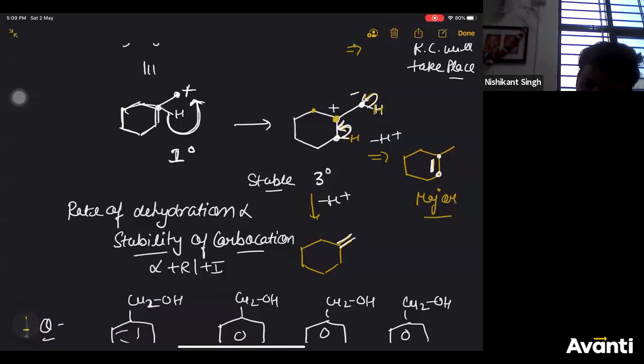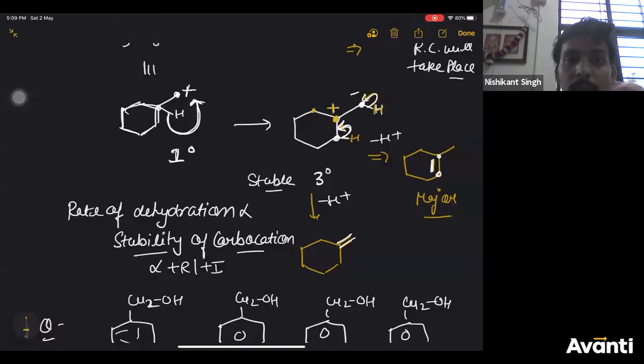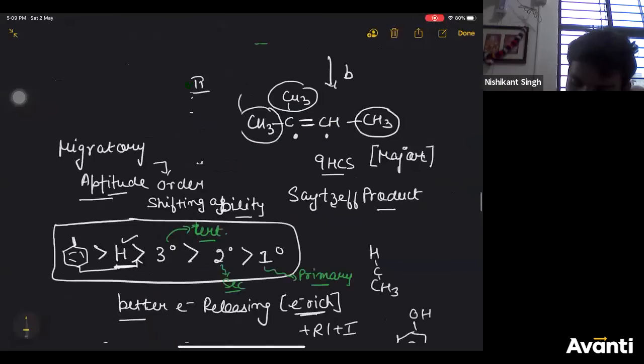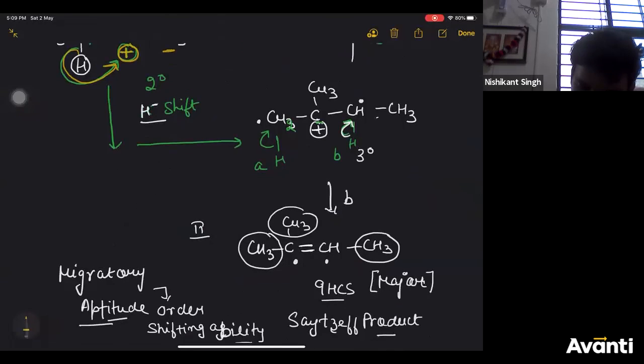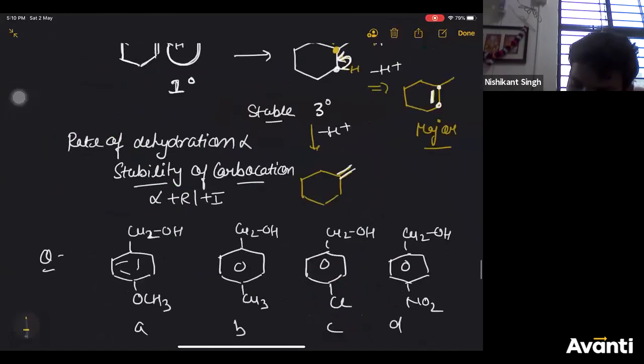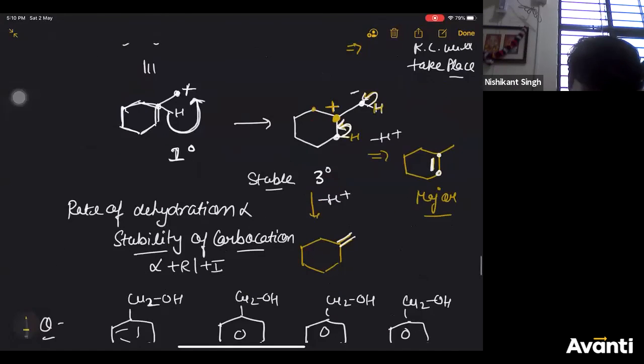Chandan, you get a carbocation here. You understood this? Chandan, reply fast. I have another class waiting. So if you got this carbocation, what will happen? See the mechanism, no? After you get a carbocation, from the next carbon, the CH bond breaks. That's what I have done here. This is the carbon having the carbocation.